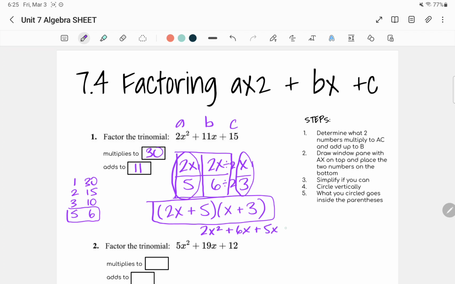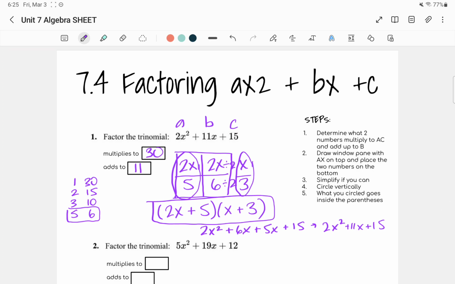And 5 times 3 is 15. So if I were to simplify this, simplify, but a different way than we just simplified, 2x squared plus 11x plus 15. That's my original problem here, so I must be correct. So that is the answer to number 1.